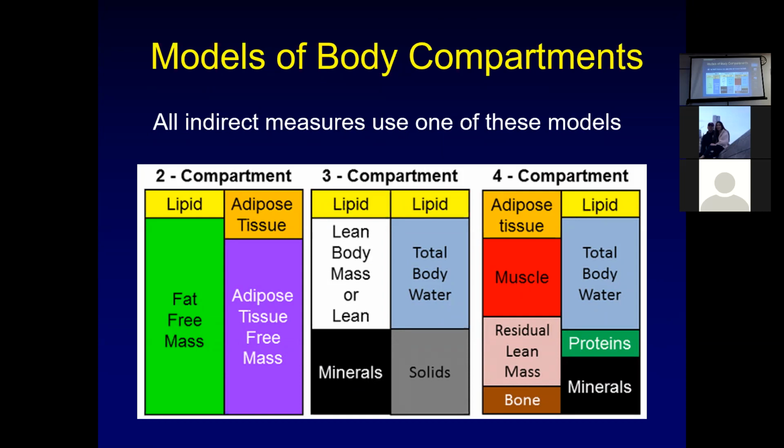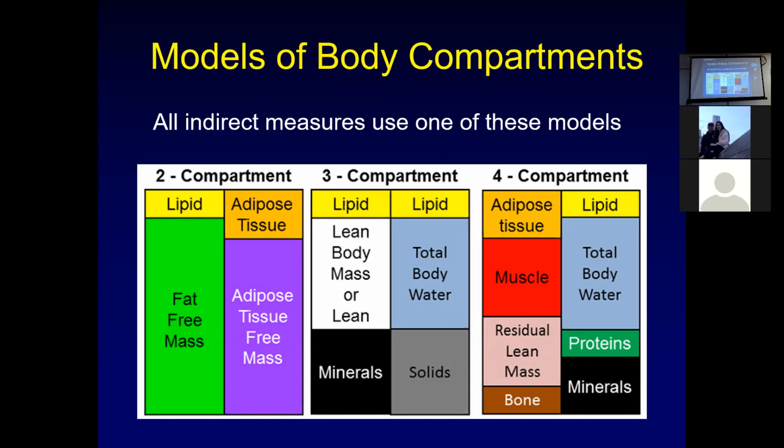Okay? A 2-compartment model of body composition essentially splits what you're made up of into fat or lipid tissue and then basically everything else. You are adipose tissue and non-adipose tissue.